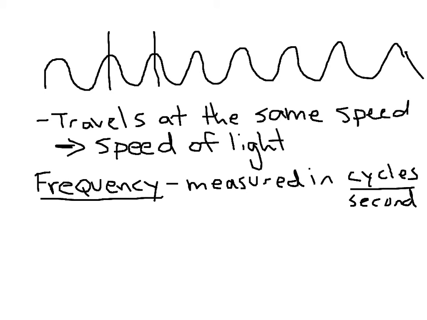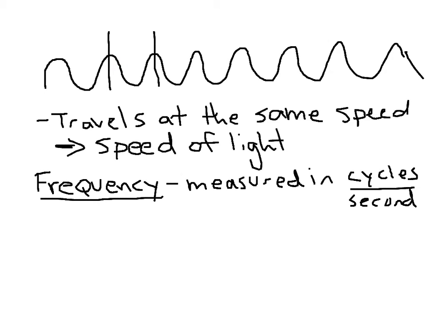So for a light wave, since it's all traveling at the same speed, you can imagine a different kind of wave. The frequency is going to be strongly dependent on how fast the wave is moving, because the faster it's moving, the higher the frequency, the quicker that a particular wave crest is going to be passing a particular point. Since they're all moving at the same speed, if this space between them is all identical, then they would all have the same frequencies.